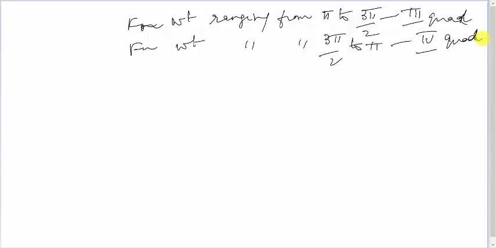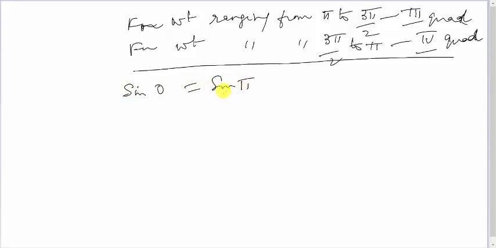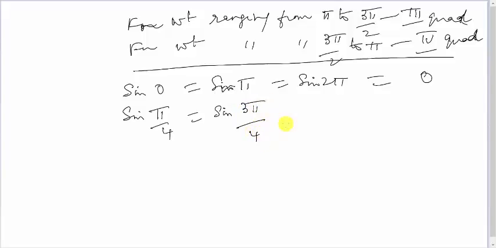And the next one: you should remember that sine of 0 is equal to sine of pi equal to sine of 2 pi equal to 0. Sine of pi by 4 equal to sine of 3 pi by 4 equal to sine 45 equal to 1 by root 2.